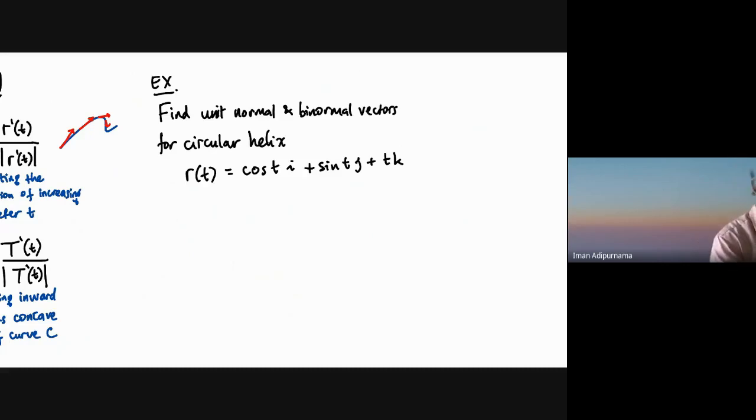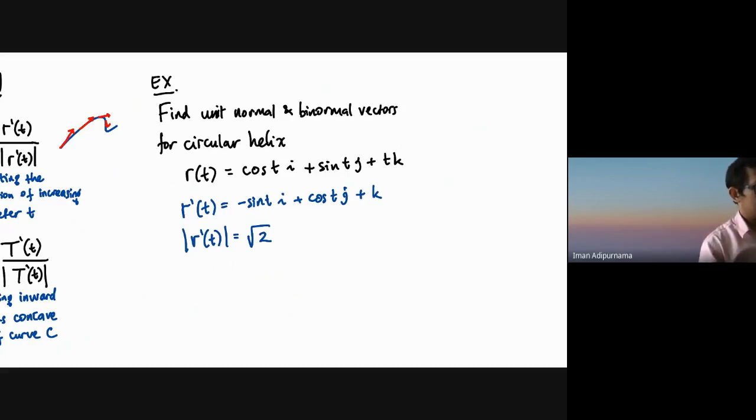Okay, what we are going to do, we just need to find the unit tangent vector first from r prime. And calculate the value. And we have the unit tangent vector is, let me write this, and divide by this.